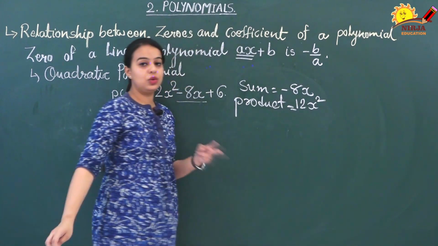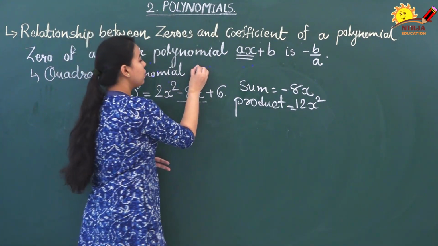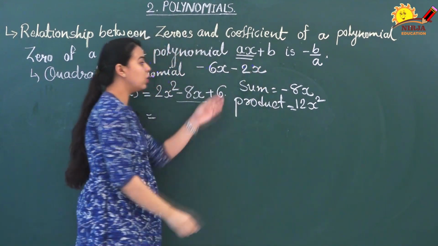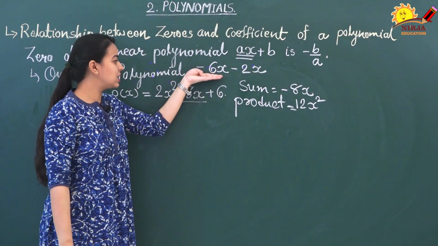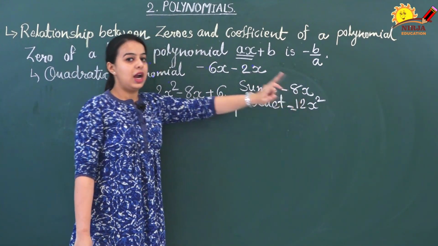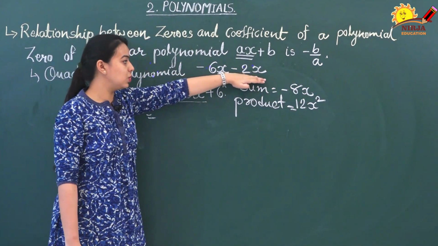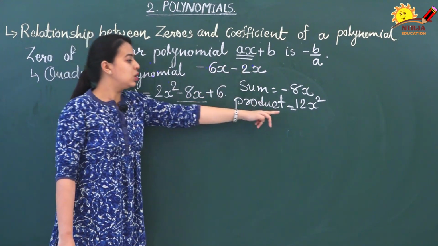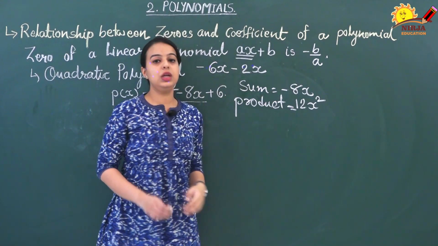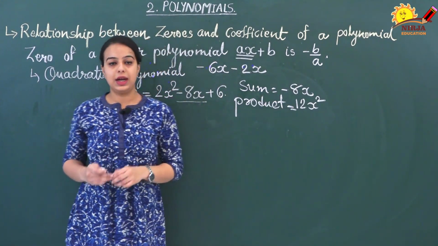Now let's find two numbers. If we take minus 6x and minus 2x, see over here, the sum of minus 6x and minus 2x is equal to minus 8x, and if we multiply these two numbers, we get 12x square. Minus minus will convert to plus while we are doing the product of the numbers, right.